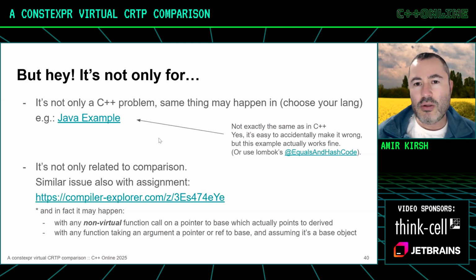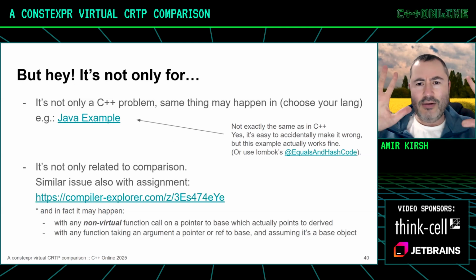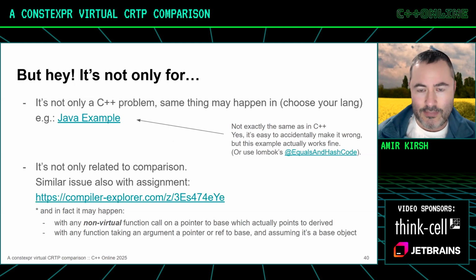The Java code is not the best example because in Java, you can implement that quite easily. But on the other hand, it is quite easy to accidentally implement that wrongly. But even in C++, it's not only for comparison. It's also for assignment. So a quick look at Java.